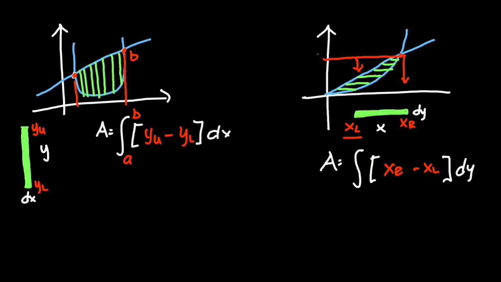So let us call this d, and for this one, since this is the lower limit, let us call this c. And so these are the two formulas that you can use. You can use either horizontal or vertical element based on what is the simpler mode. Let us try some examples.